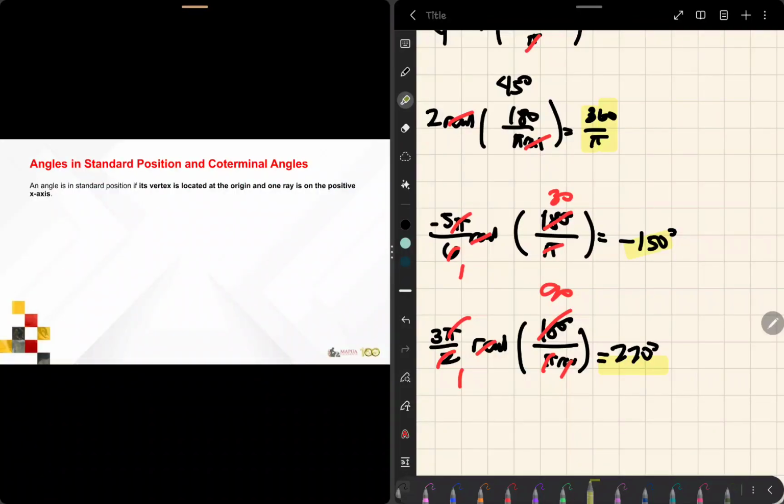Next is angles in standard position and coterminal angles. An angle is in standard position if its vertex is located at the origin and its initial side is on the positive x-axis.